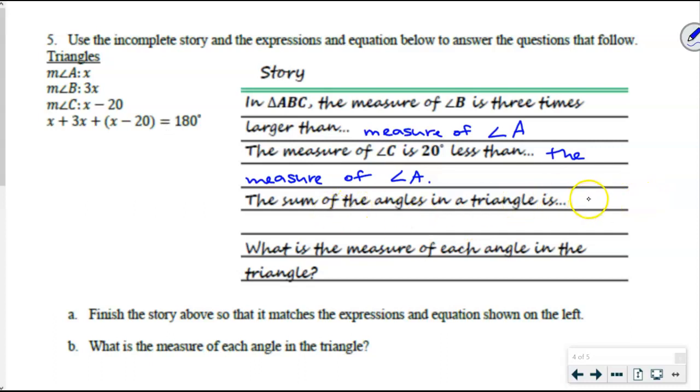So the sum of the angles in a triangle is 180 degrees.